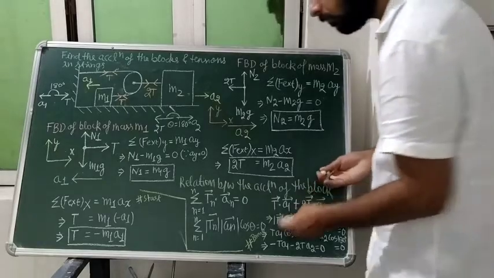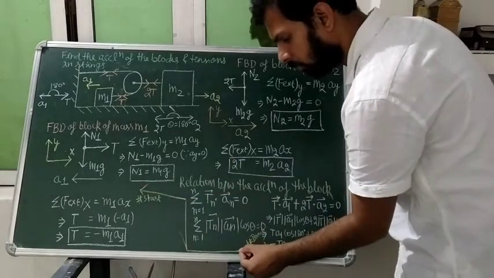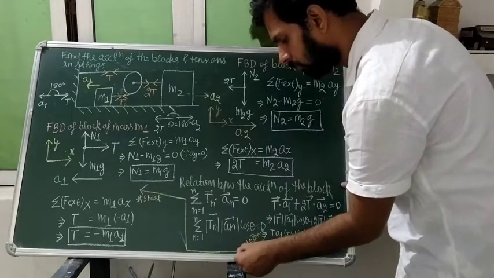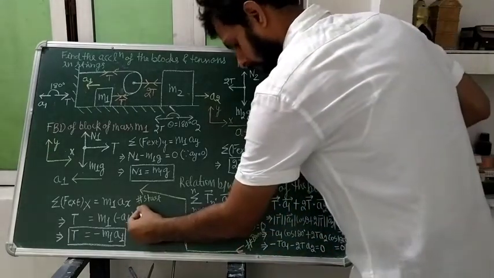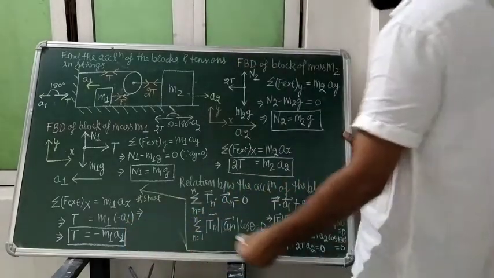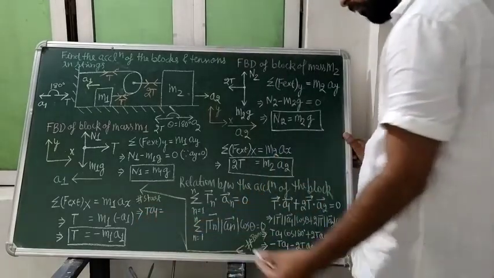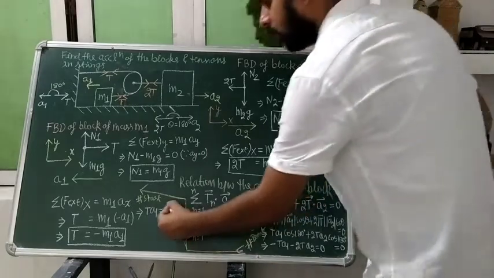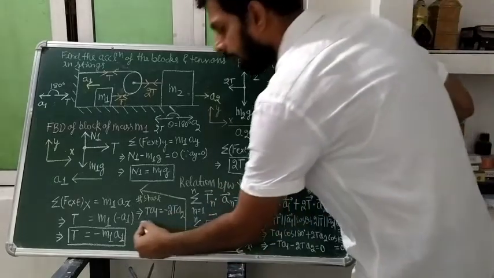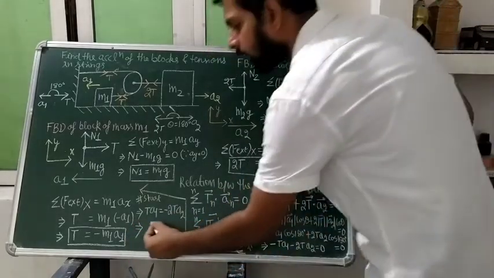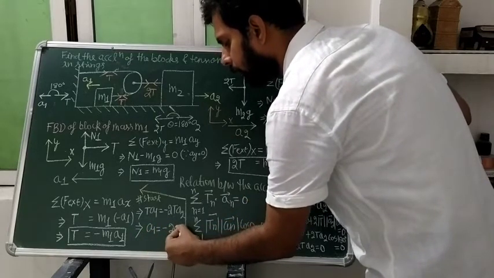So this will tell you that T A1 will be equal to minus 2 T A2, and of course the T and T will cancel out, and what you get is that A1 will be equal to minus twice A2.